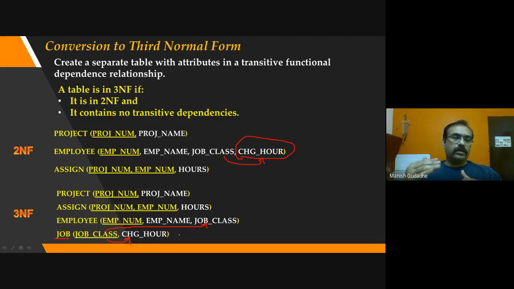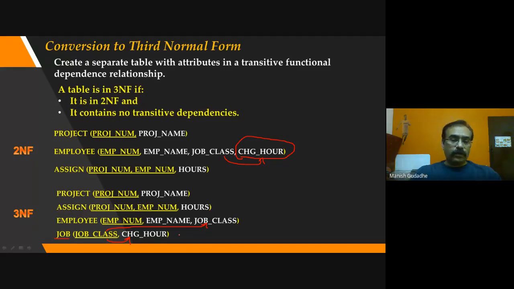Today we have seen first, second, and third normal form. The next, BCNF and fourth normal form, are the two things which are more important. Fifth and sixth normal form are very high-end normal forms where we generally don't reach, but still we will have an introduction to that in the coming lectures. So this is from first, second, and third normal form.